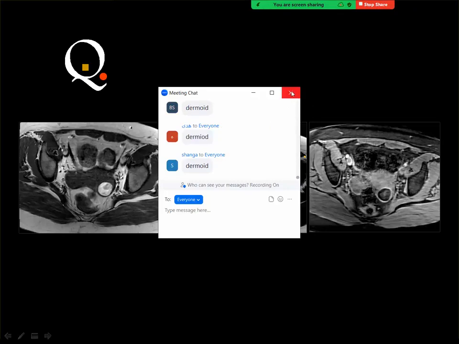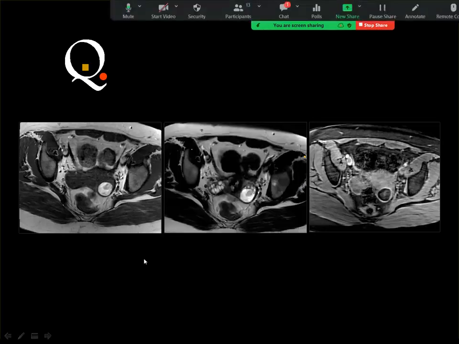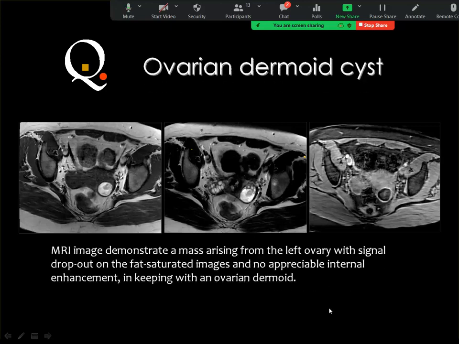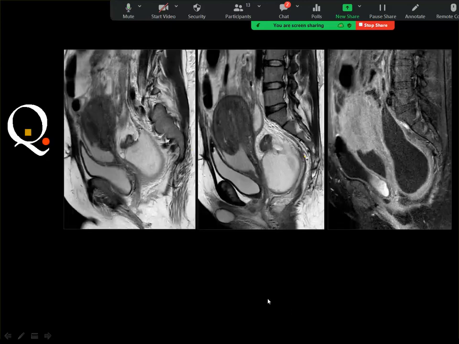Yes, this is the classic appearance of a dermoid cyst containing fat, which is bright in the T1, less bright in the T2, and is suppressed in the fat suppression images. Diagnostic of ovarian dermoid, you see some of the follicles in the left ovary, and this is the right ovary, which looks normal. Next case.